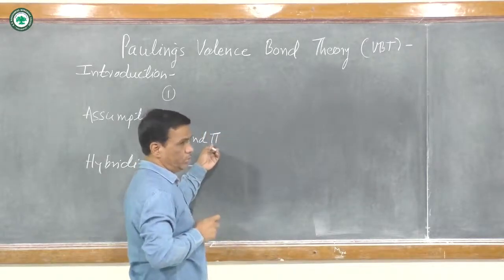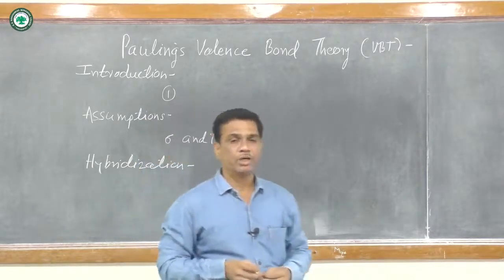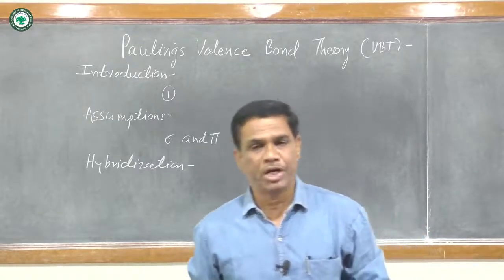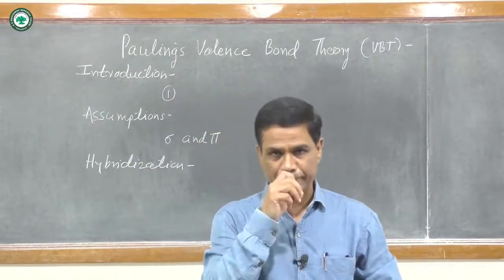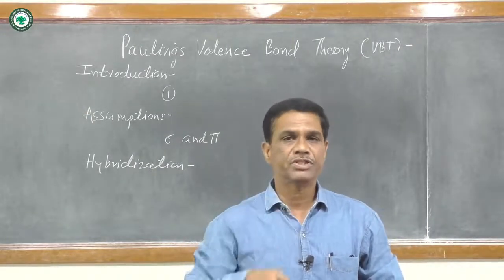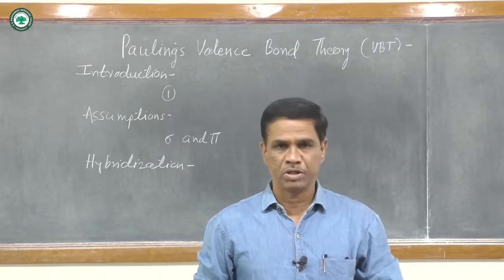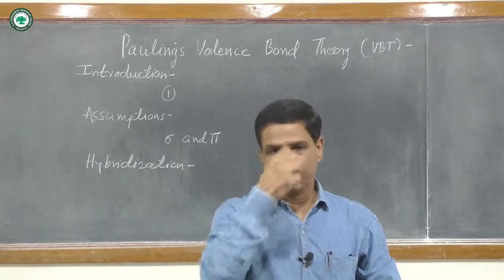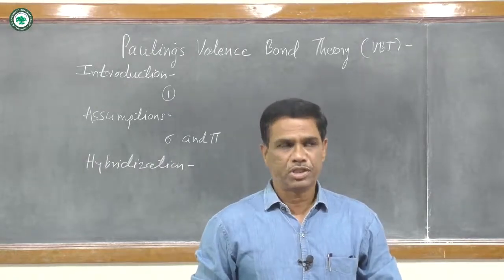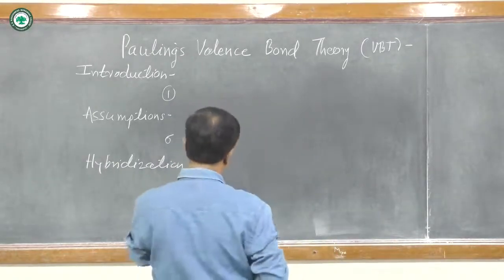When overlapping is linear, along the axis, then a sigma bond is formed, and you know that in sigma bond formation there is maximum overlap. When overlap is lateral or perpendicular to the axis, then bond formation takes place in two regions, and that bond is a pi bond.